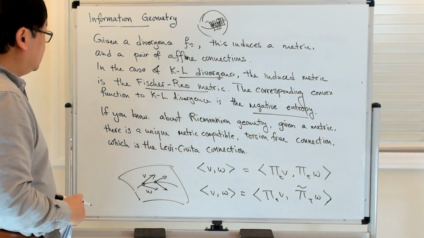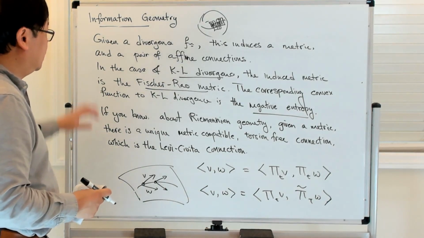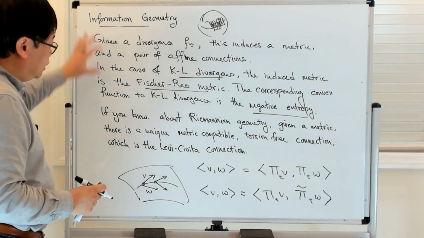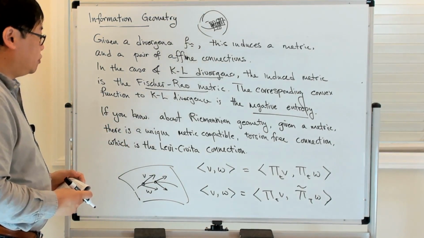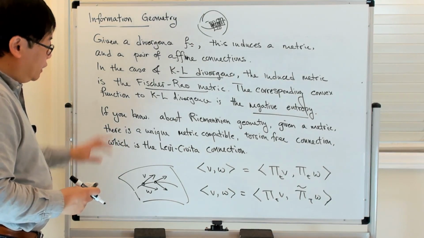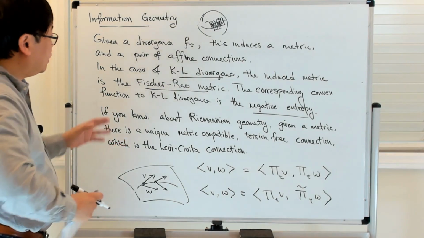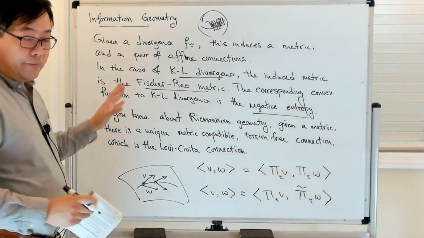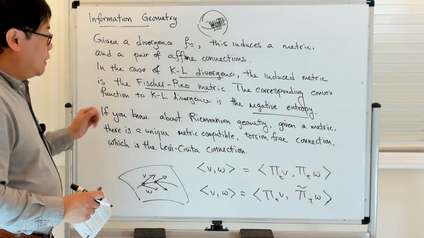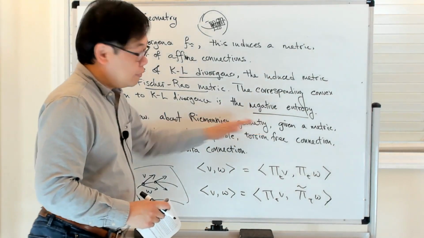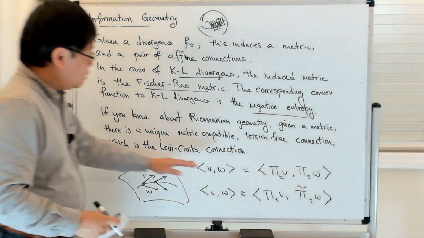Okay, so this is just a very quick overview of some of the geometric things which show up and which we'll discuss in greater detail as the course progresses. Hopefully that gives you a relatively high level idea of where some of the things you might have heard about before show up in the context of information geometry, how it relates to Riemannian geometry, which you might have had some exposure to, and the points of departure.